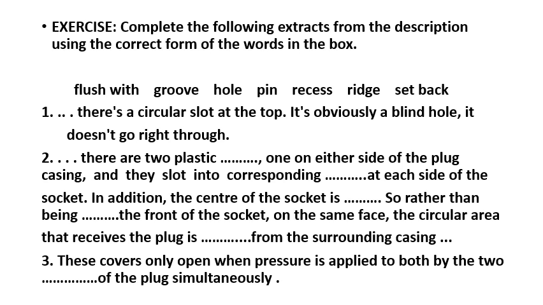So rather than being flush with the front of the socket on the same face, the circular area that receives the plug is what? The only one which is suitable here is setback. And again, I use setback as it is, in spite of the fact that this sentence again is written in passive voice. So we have is followed by the past participle, because the past participle of set is set.